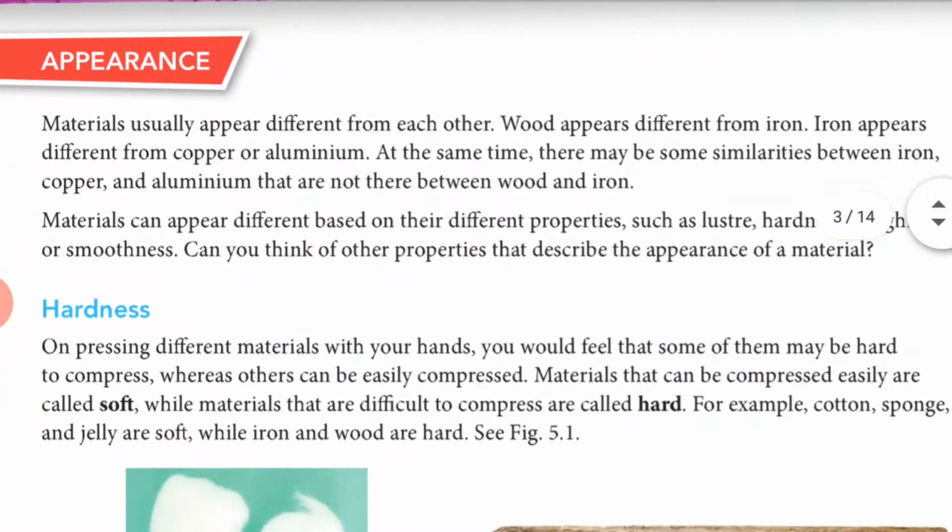First of all, appearance. According to appearance, materials are divided into hardness, roughness, and smoothness. Hardness means when we touch any object, if it is hard in nature, if it can't deform, like iron, wood, these are all called hard materials.